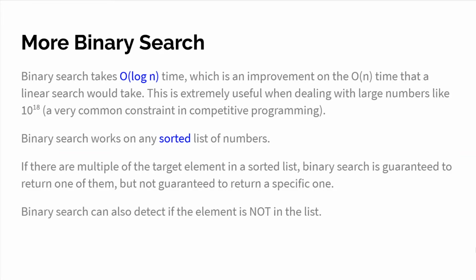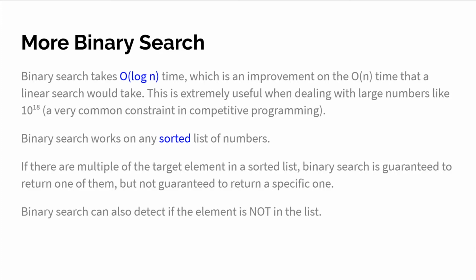Now, if there are multiple of the target elements in a sorted list, binary search is guaranteed to return one of them, but not guaranteed to return a specific one. So basically, when we're writing this sort of basic binary search, if we're searching for the number 6 and there are 4 6s in the list, we don't know which one it's going to return.